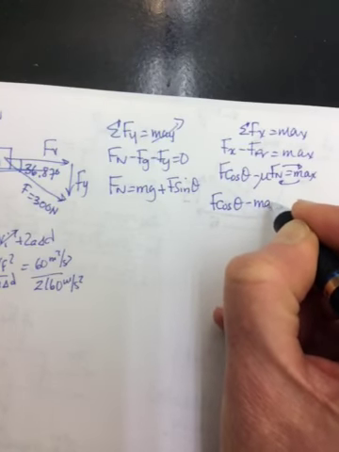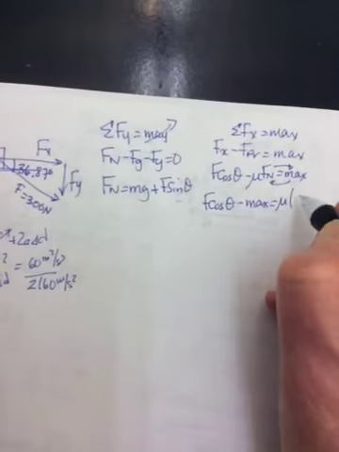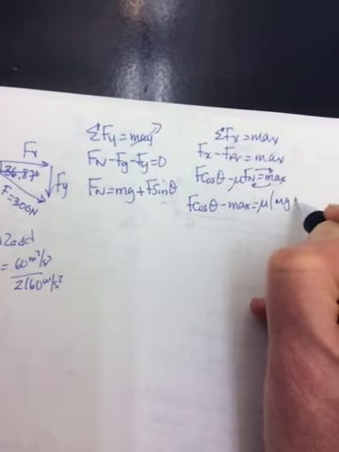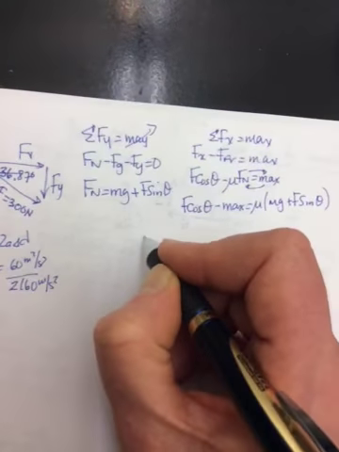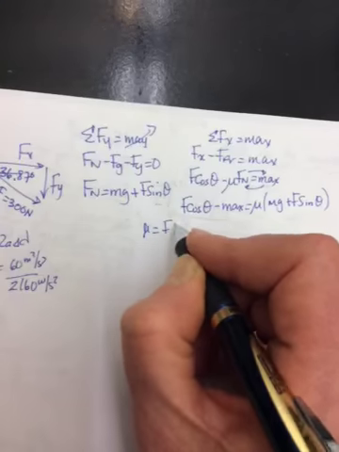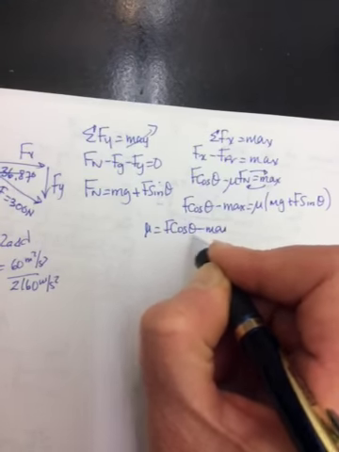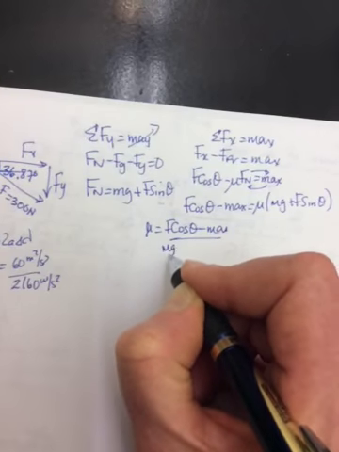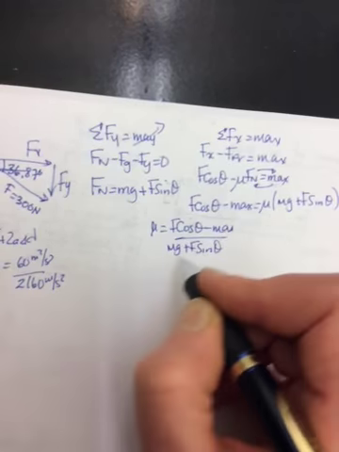So F cos theta minus m a_x is equal to mu brackets, what you have here, mg plus F sine theta. And now divide both sides by the brackets. So mu is equal to F cos theta minus m a_x over mg plus F sine theta. And now fill in your numbers.